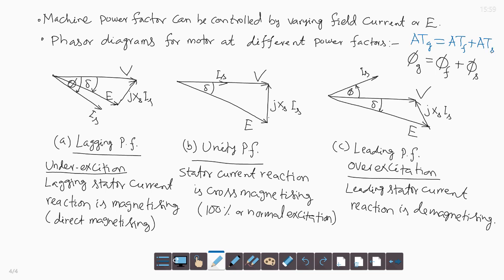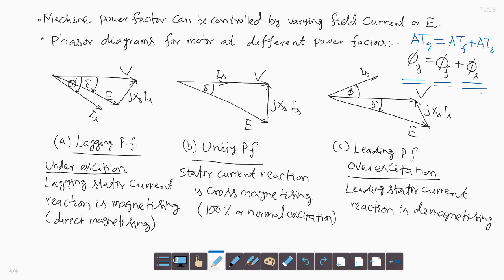So the air gap MMF is always constant. When excitation is more than 100%, over excitation, field flux is more, and it causes the stator current to be leading, leading power factor, current leads the voltage. That leading current causes demagnetization. So stator MMF is of demagnetizing type and resultant MMF is the same all the time.